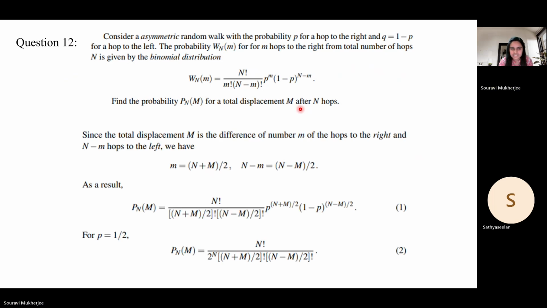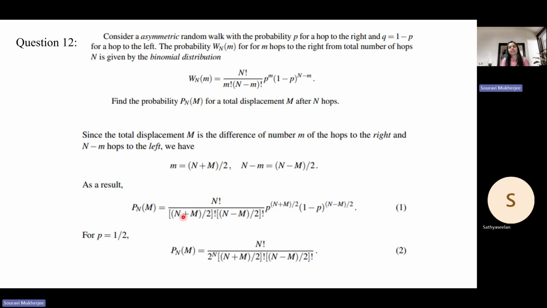Since the total displacement is the difference of the number of hops to the right and the number of hops to the left, that gives you m and n minus m in terms of the total number of steps and the displacement. So this is how you can write it. Now you just replace n minus m and m here in terms of capital M, which is now about displacement, and n is the total number of steps.